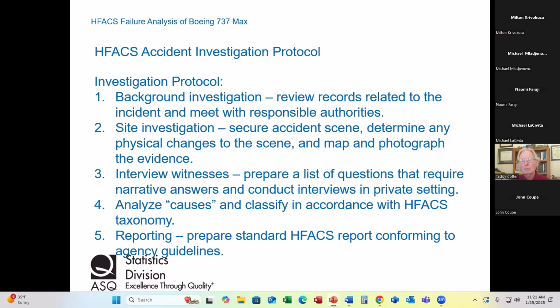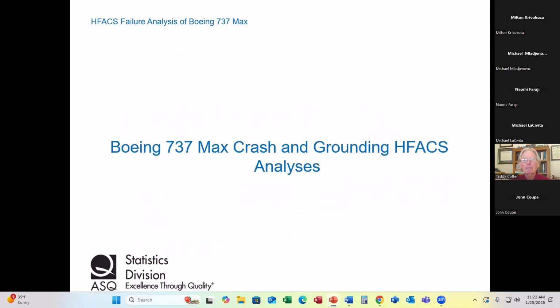Analyze the causes and classify in accordance with the HFACS taxonomy, and then reporting: prepare a standard HFACS report conforming to agency guidelines. And when we say agency guidelines, that is one of the branches of the DoD or the FAA, or if you happen to be in healthcare or mining, they have their own reporting guidelines.